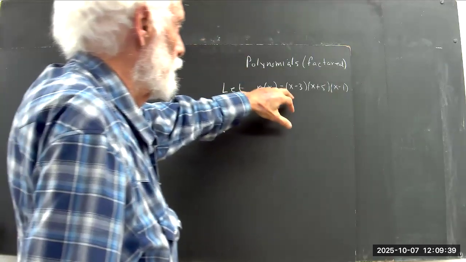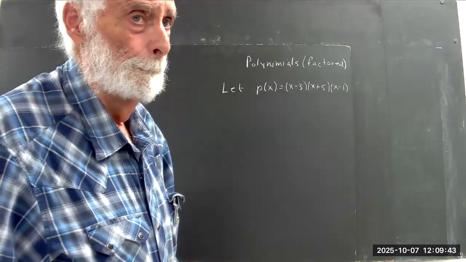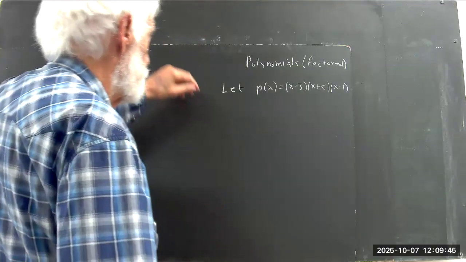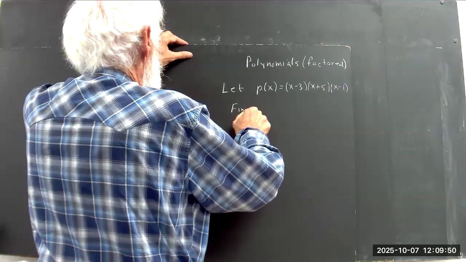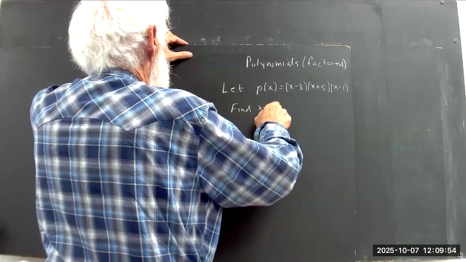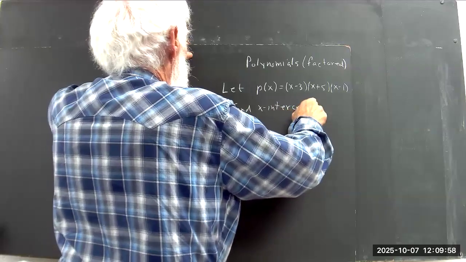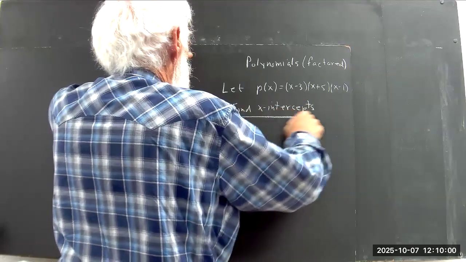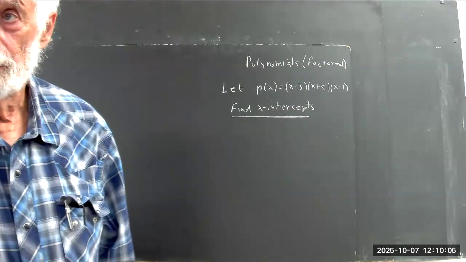Let P of x equal x minus 3 times x plus 5 times x minus 1. We want to find the x-intercepts of this function.